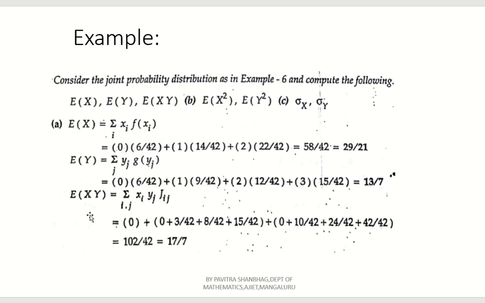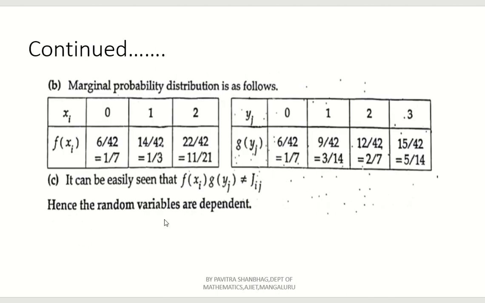Similarly, how to find E of xy? Again the same formula, summation of xi yj into pij, right? So x1 y1 into p11 plus x1 y2 into p12, the same formula. Now what is p11 here?